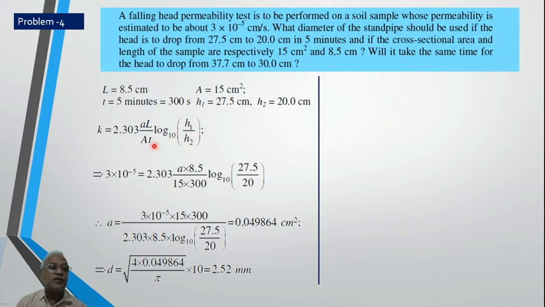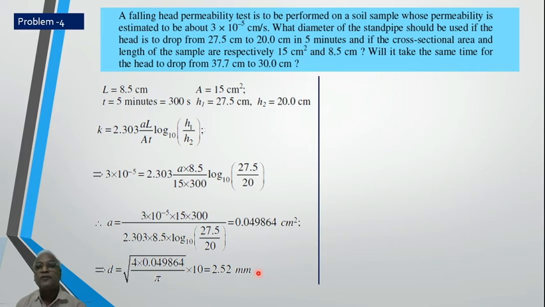The only unknown in this is this a, because k is given 3 into 10 raised to minus 5. Keeping all the things in centimeters, we get a equal to so much. Our diameter of the standpipe is so much, 2.52 mm. 2.52 mm is a too small tube that is required.